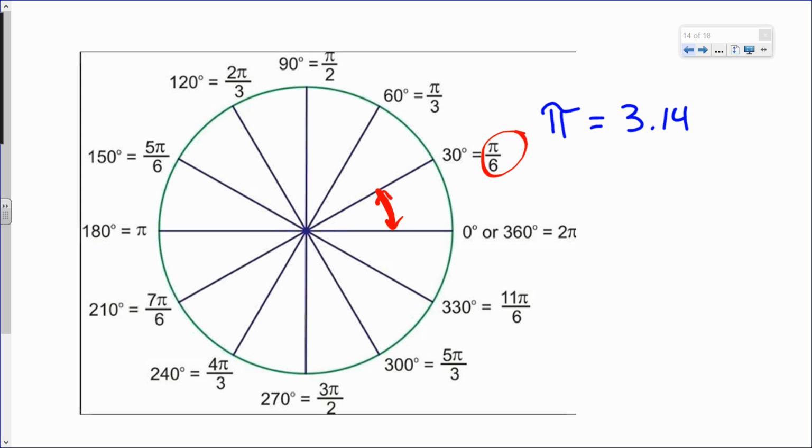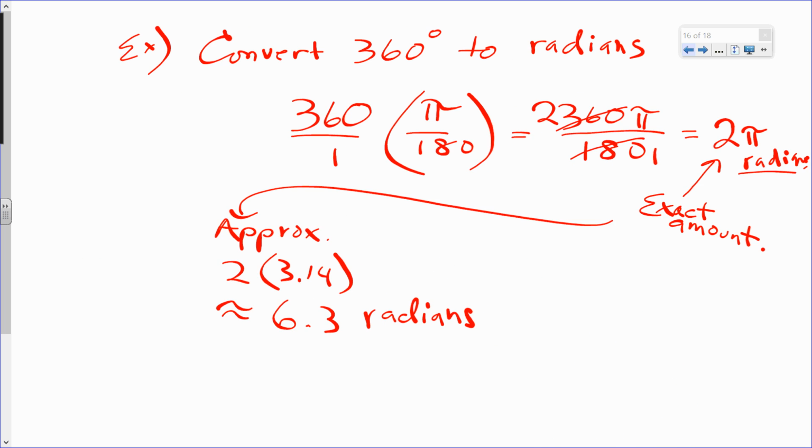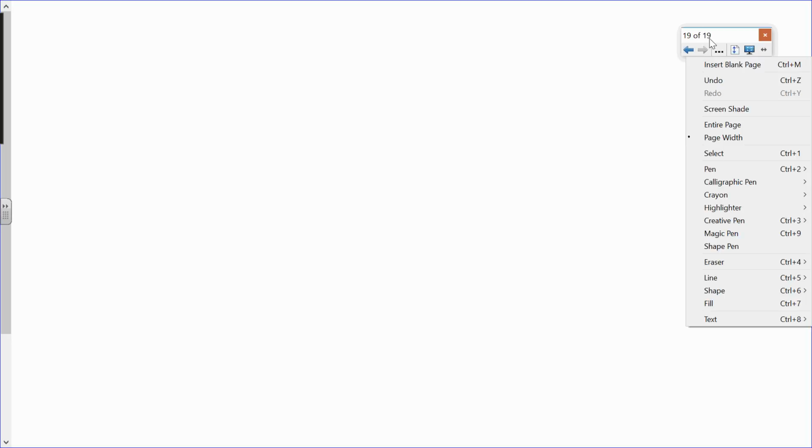Okay? Last example. We're done for the day. Example 3. Going to convert 3 pi over 2 radians to degrees.